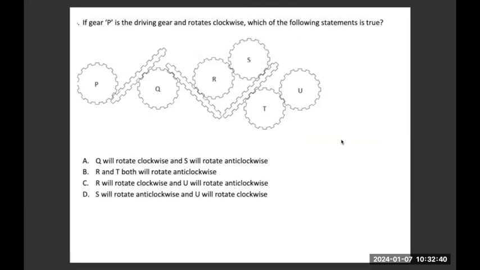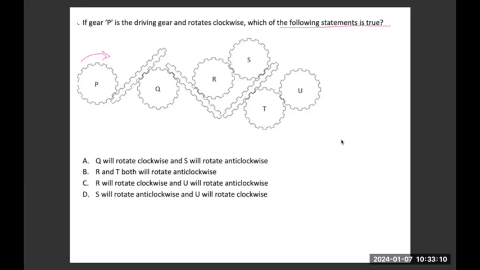If gear P is driving gear, which means P is moving and it rotates clockwise. Which of the following statements is true? In this kind of question, it is much better to just write which gears rotate clockwise and anti-clockwise. Q, R, S, T, U. Which of these rotate clockwise and which rotate anti-clockwise?